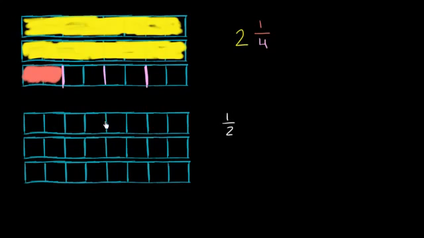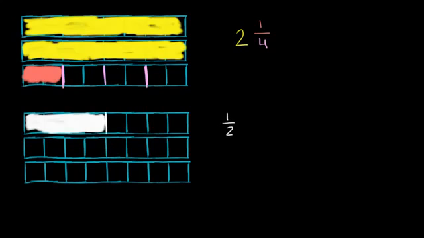Well, if I take one of these wholes and put it into 2 sections, a half would be this section right over there. So let me color that in. So I'm first going to add a half, which is the same thing as 4/8. And you see that I just filled in 4 out of the 8 sections, which is exactly half of this first whole. So we're making some progress.